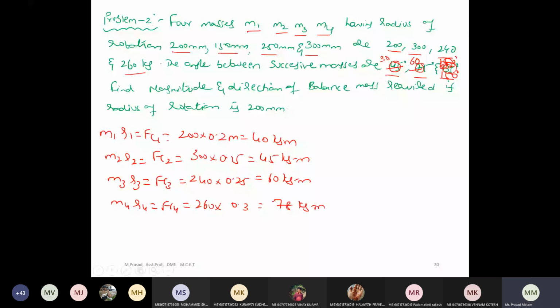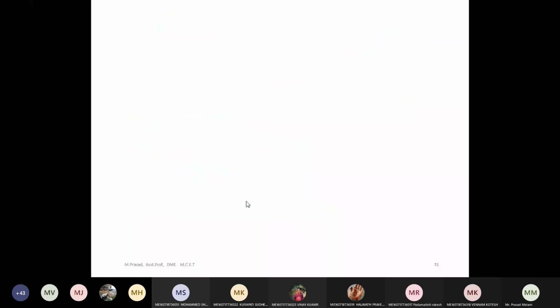Now let us solve this by analytical method. First, theta 1 is 0. Theta 2 is the angle between 1 and 2. That is 30 degrees. Theta 3 is the angle between second and third mass.